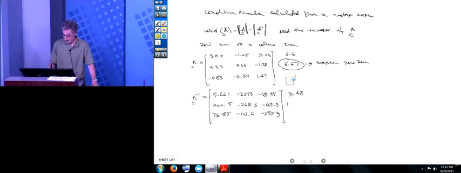So this is correct. So it's 2.84. So these are sums of absolute values of the matrix elements. All right.